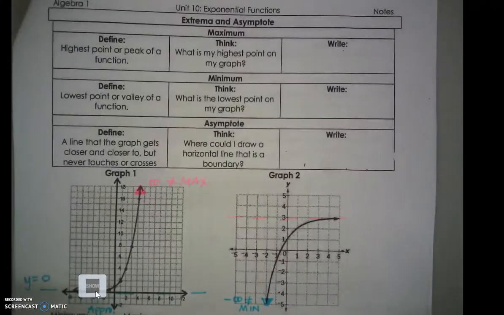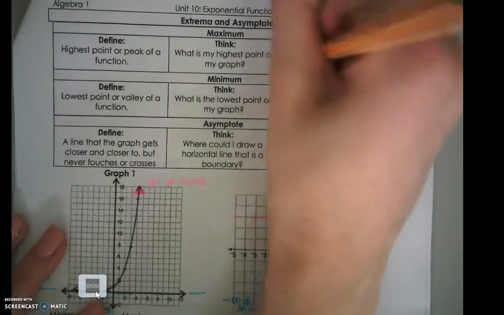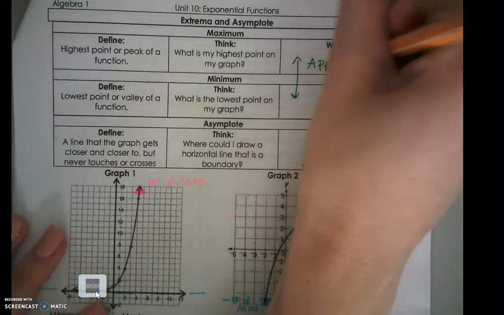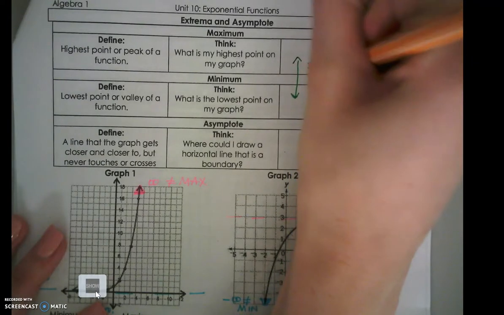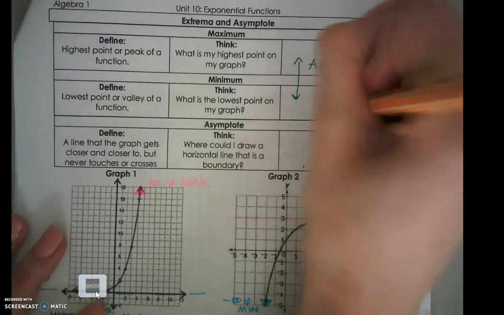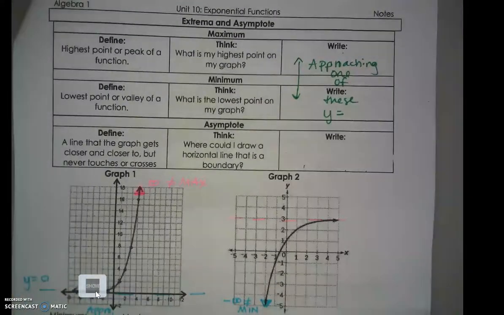So when we think about max and minimums up here, I'm just going to write a blanket statement. We are approaching one of these, and we're still going to write it as a y value. You can't truly be there, but you're just going to approach it.